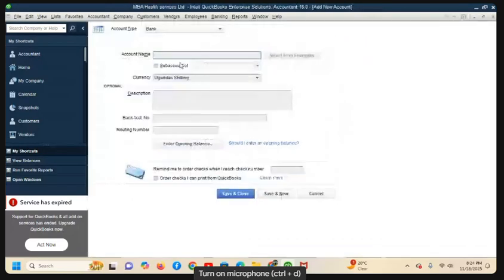So I will start with DTB, Diamond Trust Bank. I can put even what we call the description, details about that bank and account. Account number, if you have it, you can save it here. Routing number, also you can put it here.